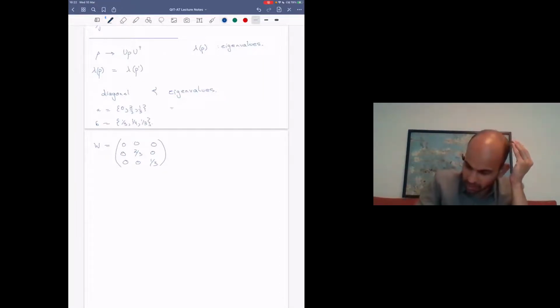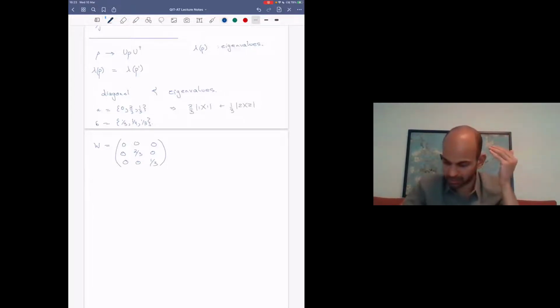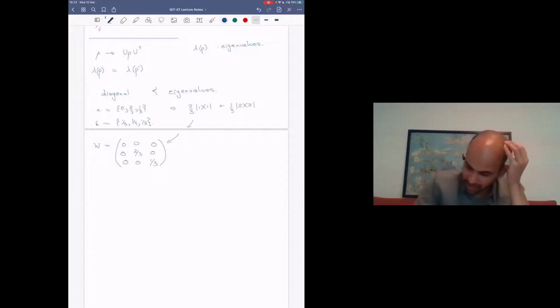The state A corresponds to, for example, the state 2/3 |1><1| plus 1/3 |2><2|, and nothing in the state 0. This will give me my state W. If I simply change to a different basis, the basis of |0> plus omega |1> plus omega squared |2>, or |0> plus omega squared |1> plus omega |2>, or |0> plus |1> plus |2>, this is the Fourier transform basis.